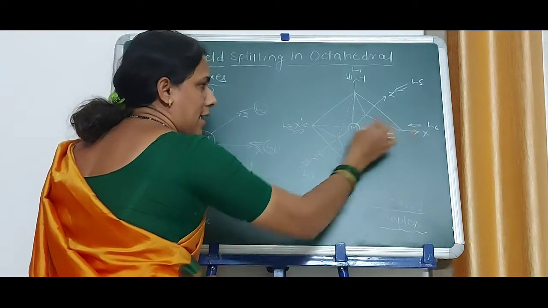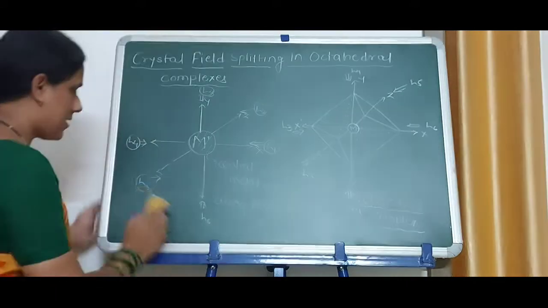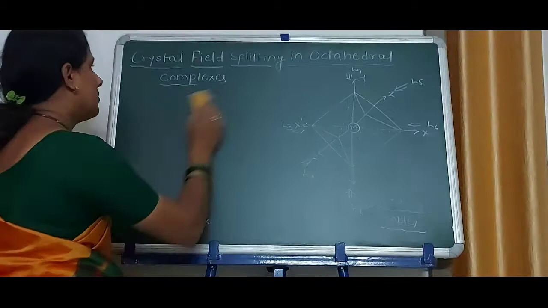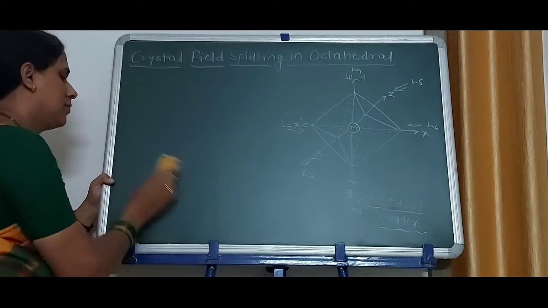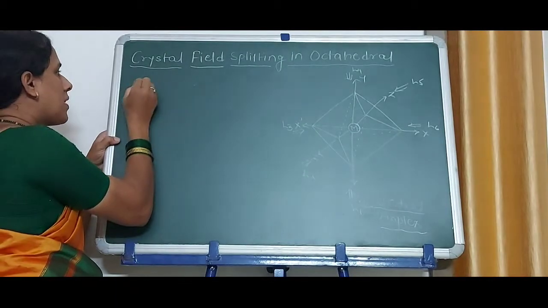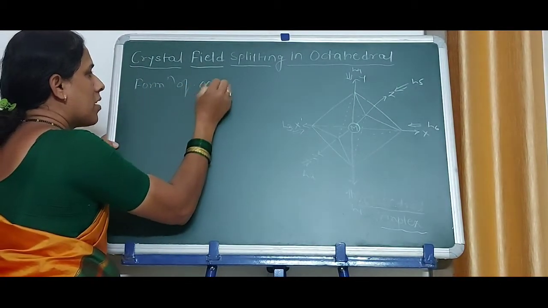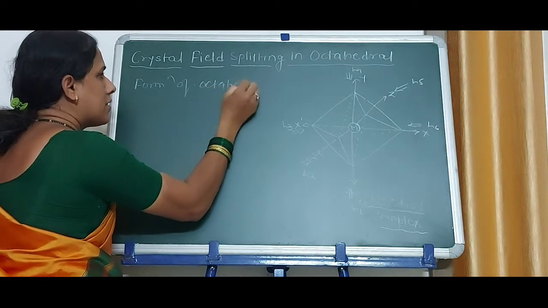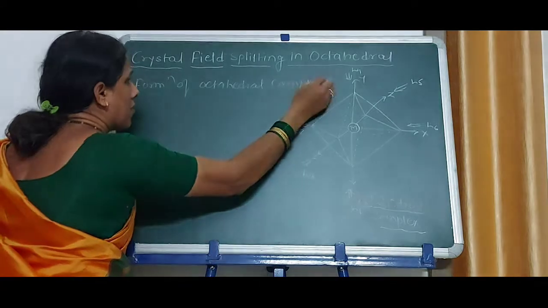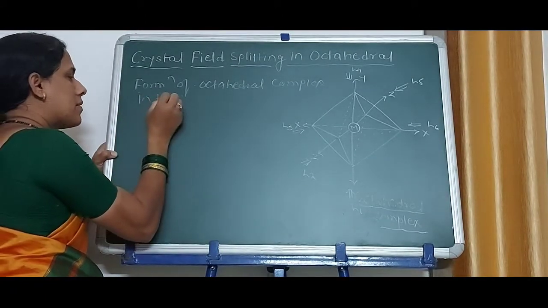Now consider the formation of this octahedral complex by interaction of 6 ligands with the central metal ion in 2 cases. Which are these 2 cases? Formation of the octahedral complex in 2 steps.